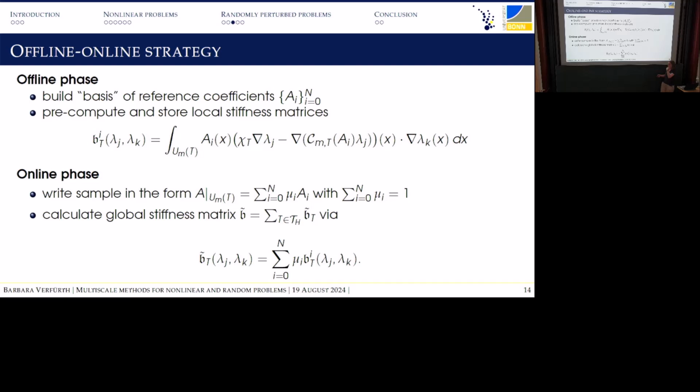But since our basis functions depend on the coefficient again, all this thing is not a linear business, and we have to make sure that this simple trick in fact works. That this B tilde, that's why it has a tilde, because it's not the right stiffness matrix, that this is in fact a good approximation to the real multiscale stiffness matrix I would need to compute for my given realization.